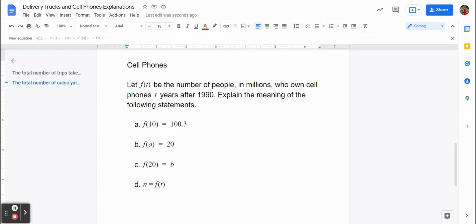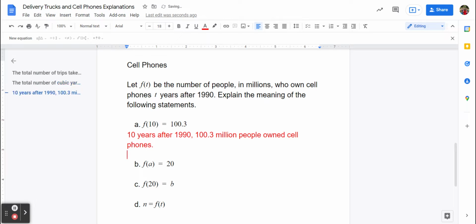The 100.3 is going to be the number of people. So you can say this a few different ways. One way is to say 10 years after 1990, 100.3 million people owned cell phones. All right, but you can also interpret that.